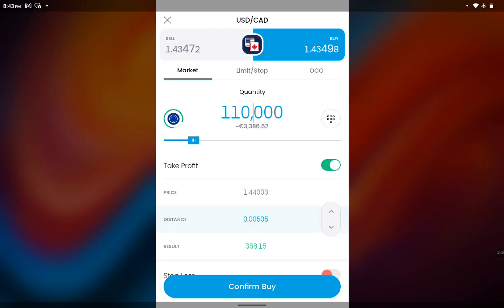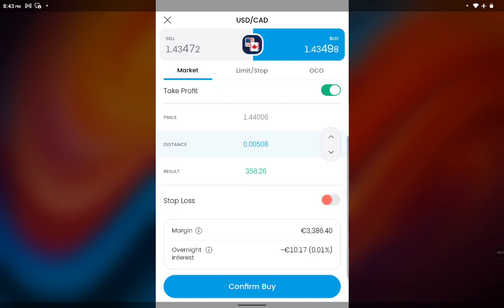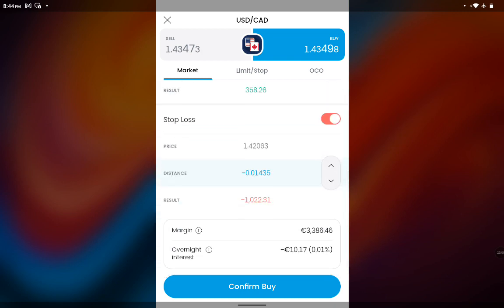So I'll do 1.40605 like that, and put my stop loss at 1.3713, right? Because obviously current price is 1.4349.